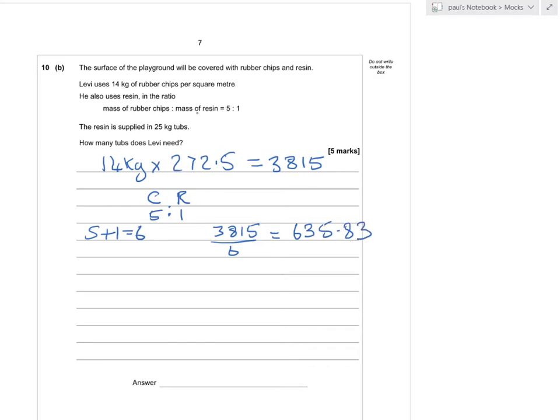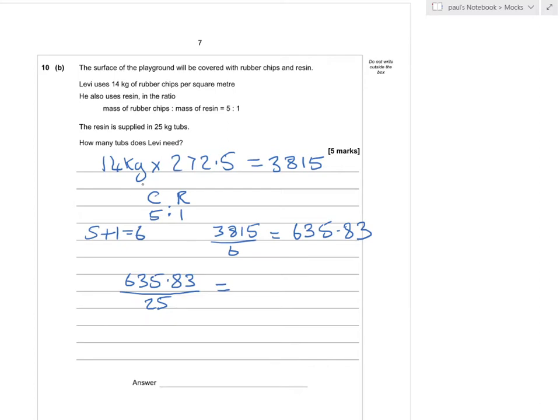So that's the kilograms of resin, because there's only 1 times that. Now we're going to divide it by the tubs, so 635.83 divided by 25 kilograms will tell us how many tubs. That is 25.43. I've made a mistake somewhere.